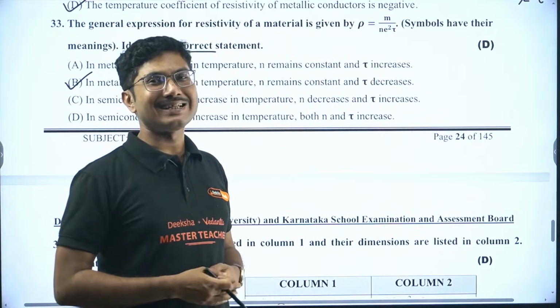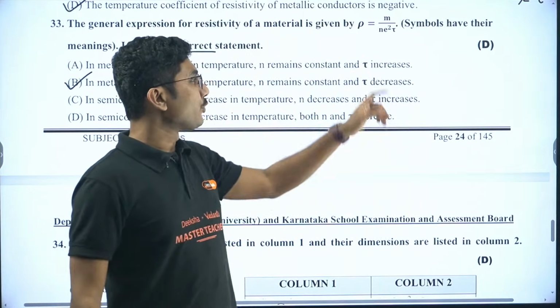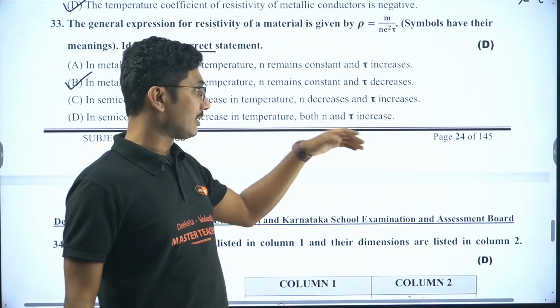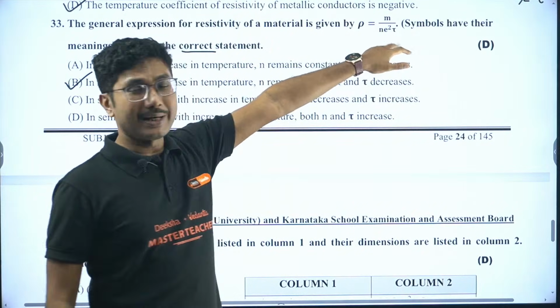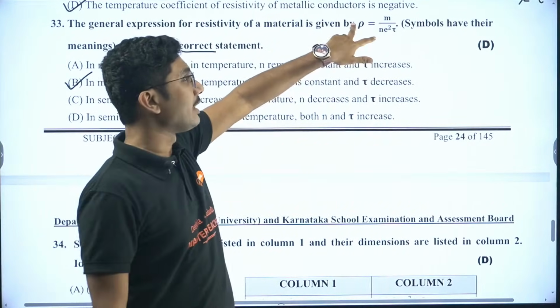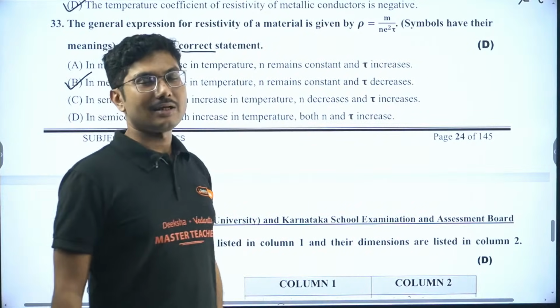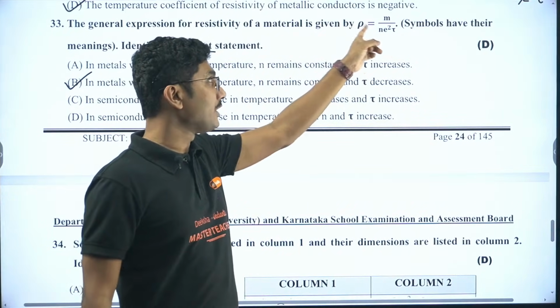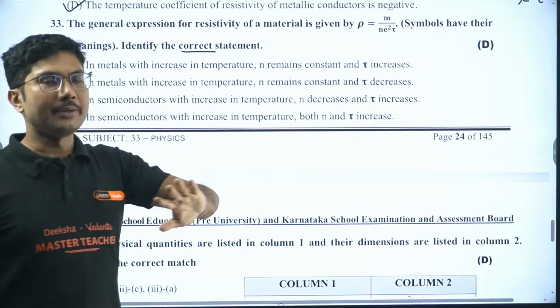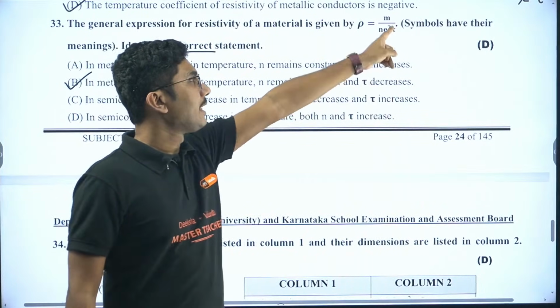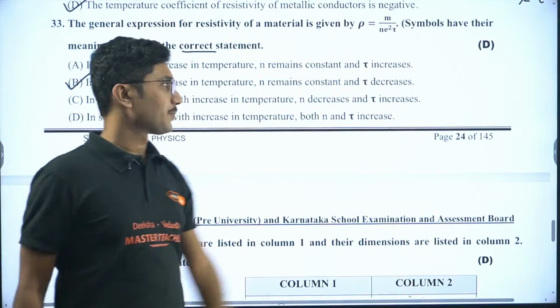So even though tau decreases, because number density increases many times, the resistivity decreases, because rho is inversely proportional to n. But for metals, n remains constant and tau decreases, that's why resistivity increases. Clear?